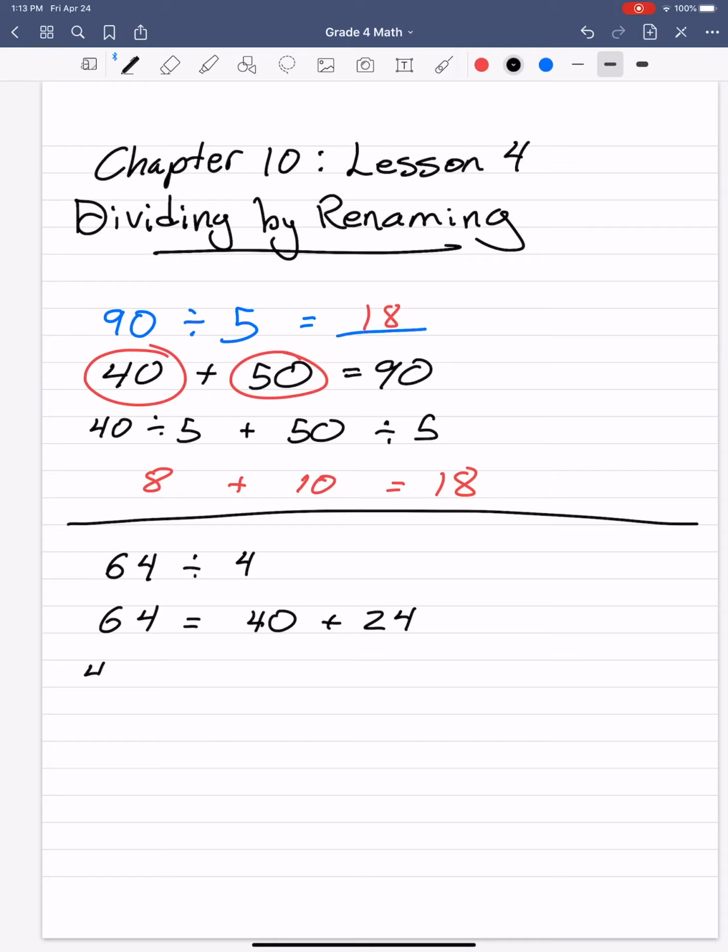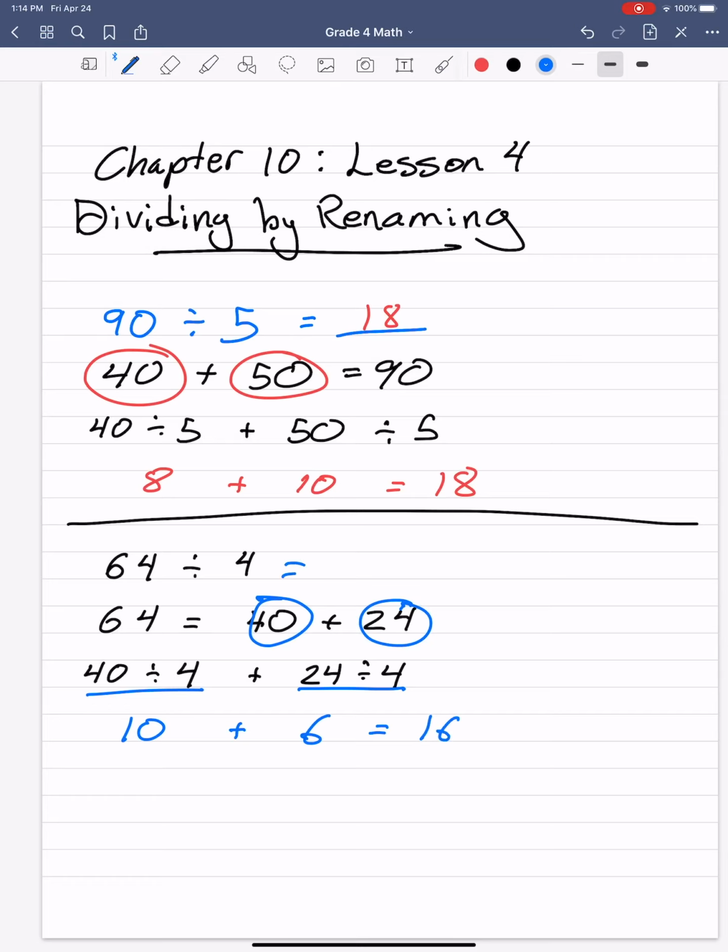So we're going to divide 40 by 4, and we're going to add it to 24 divided by 4. So we're taking this number and dividing by 4, taking this number and dividing by 4, and we're going to add those together. So 40 divided by 4 is 10, and 24 divided by 4 is 6. So when we add those together, we get 16. So that's what our answer is.